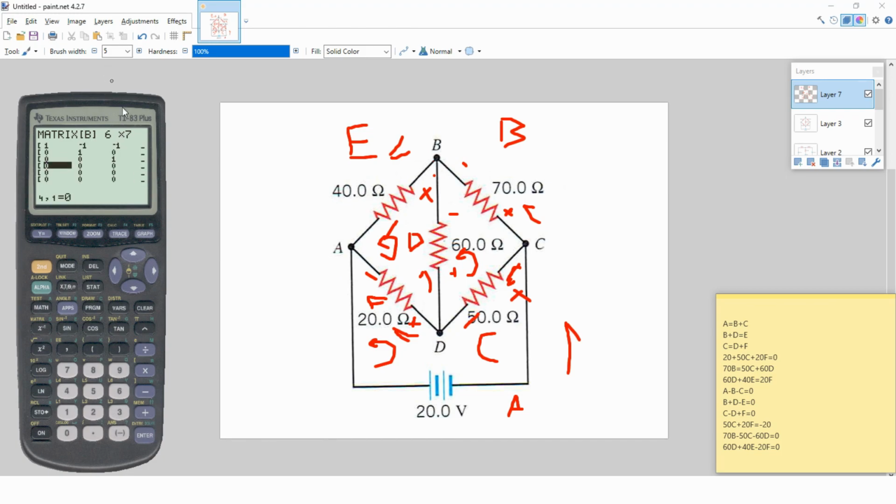We have all the ones using the junction rule. 0, 0, 50, 0, 0, 20, negative 20. Okay. Yeah. Don't think I wrote the negative there. Negative 20. And this one is 20. Don't know what happened there. Okay, 20, negative 20.